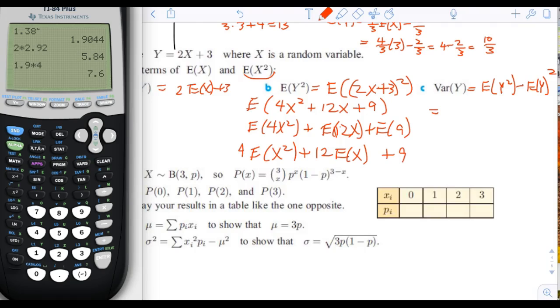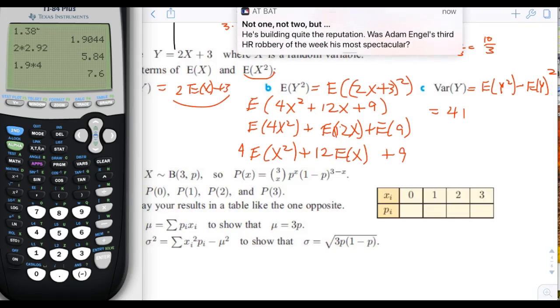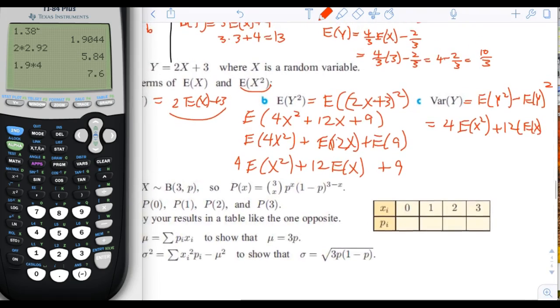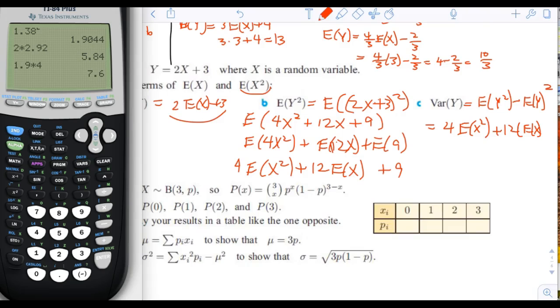So all we need to do is find the expected value of y, which is from part A, and we square that. So let's see, we'll have 4E of x squared plus 12E of x plus 9.